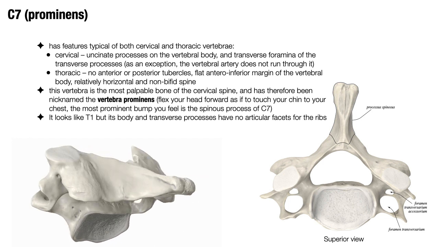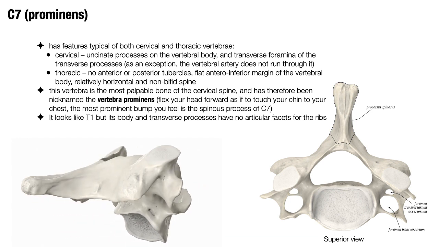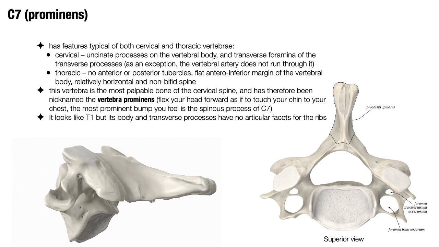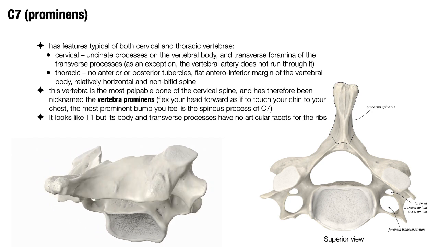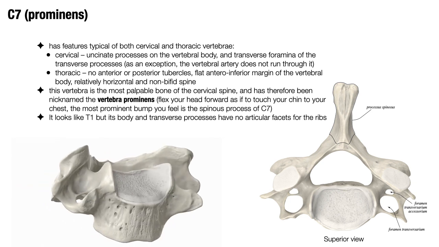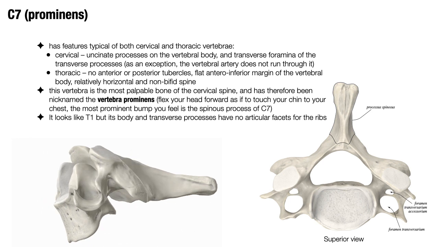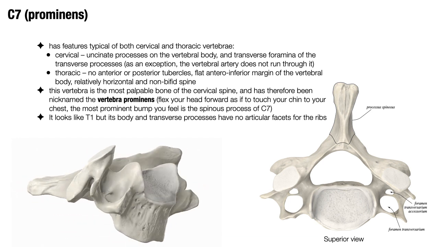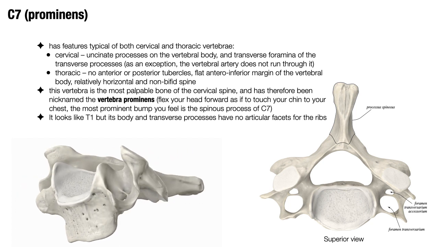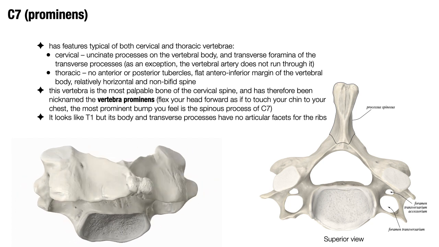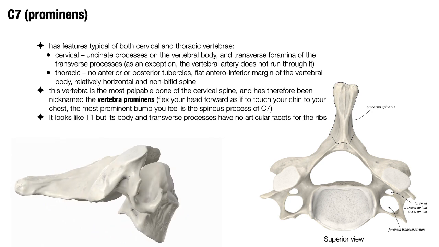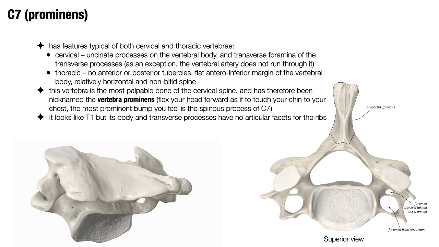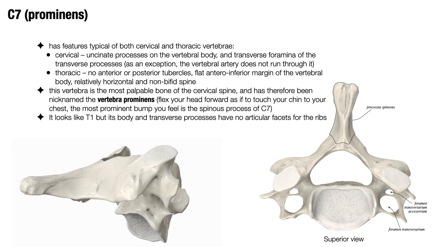Okay, let's move to C7, which is the other special vertebra of the cervical spine. This one is called the vertebra prominens because it is very easy to palpate, even to see with the naked eye when you bend your head forward, due to its very long spinous process, which is more similar to a thoracic vertebra than a cervical vertebra because it's a transition vertebra.